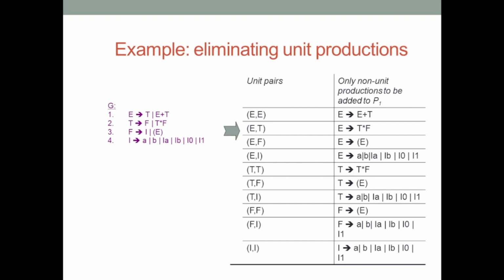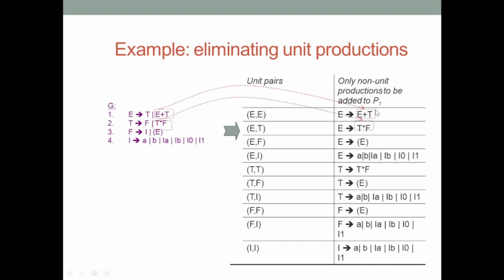So you can see that this is the diagrammatic representation of how we can remove the unit production. So this is the grammar, and these are the unit pairs in tabular form. You can see that, and the conversion to non-unit productions which are added to P1 is your resultant. The first, you can see that there is E derives to T and E plus T. So only E plus T is added to P1.